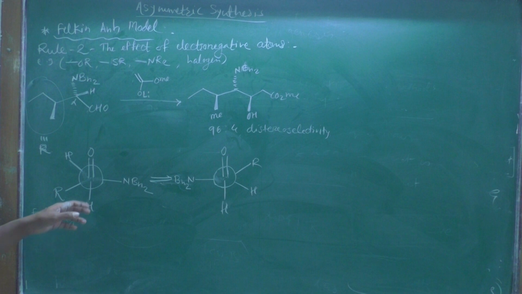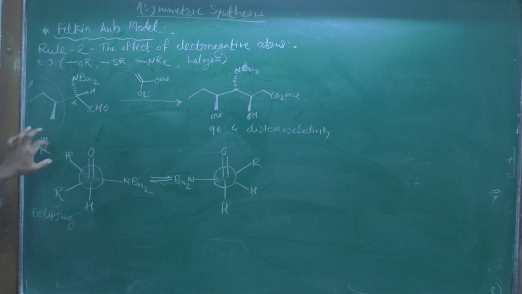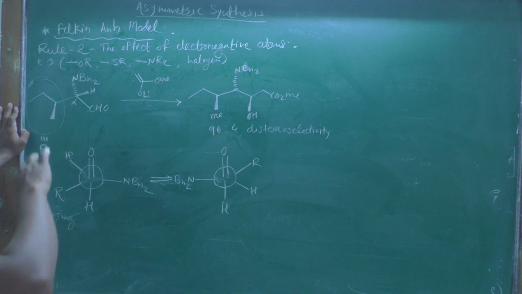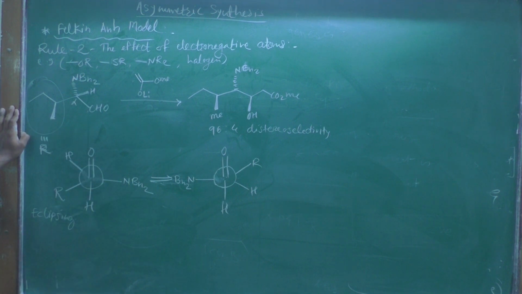Now due to this, what is the case here? Hydrogen is at the corresponding position, and this R group, this carbon substituent, is at the corresponding position according to the Newman projection formula. This is one of the stable conformations, but we have to rotate this rear carbon atom, because here this R group is bulkier, and between this bulkier larger group R and this aldehydic hydrogen, an eclipsing interaction takes place.